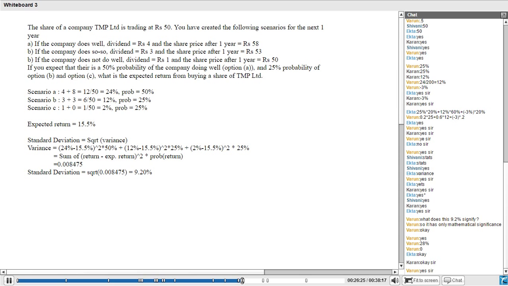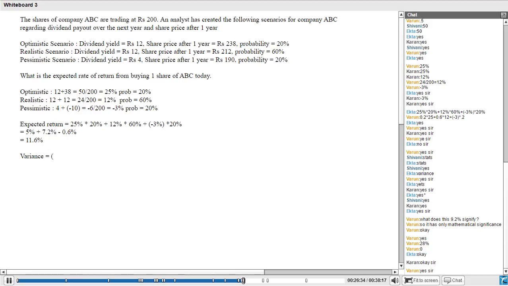Let's all of us try to write it. If anybody has written it, can they share it in the chat window? You write on your own while I'm trying to write it.